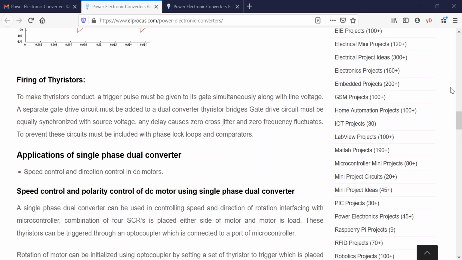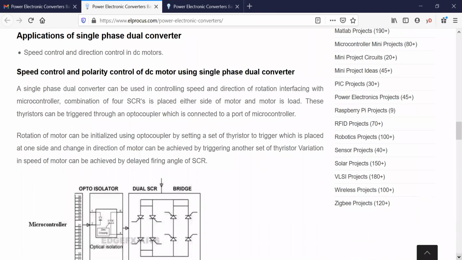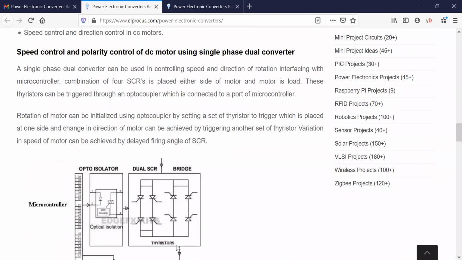Here in the figure we see that the SCRs, silicon controlled rectifiers, are placed on either side of the motor. It is a combination of SCRs, and the motor is the load.